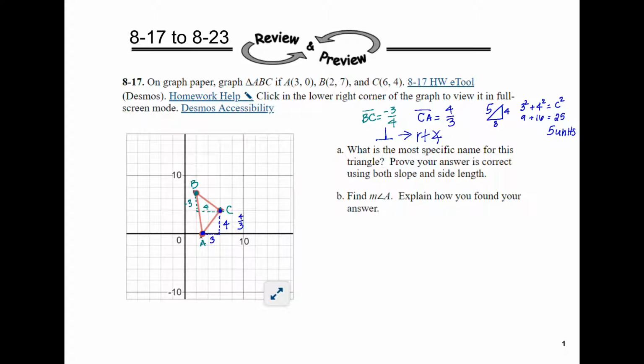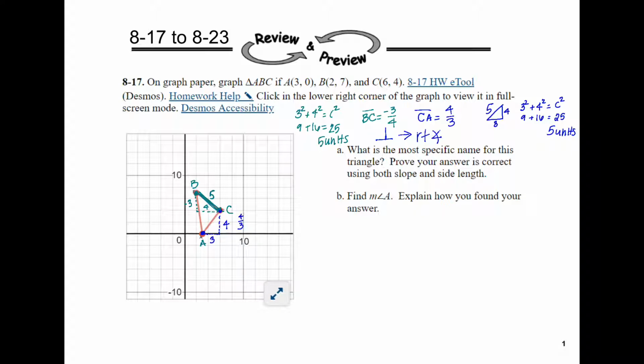I can also take a look at the length of B to C by also using my right triangle. 3 squared is 9, 4 squared is 16, 16 plus 9 is 25, and the square root tells me that the length of BC is also 5 units.